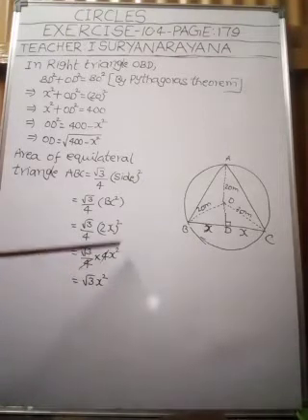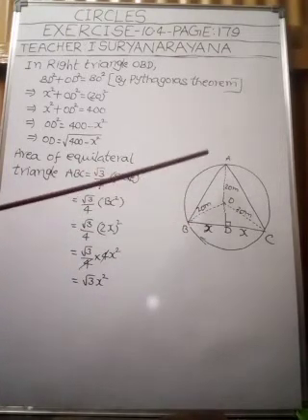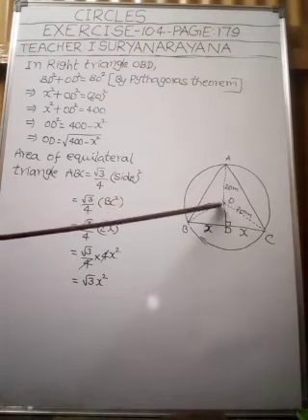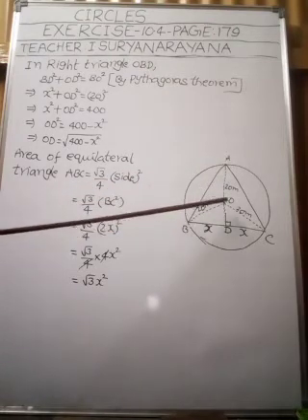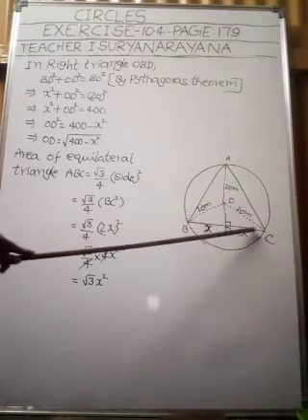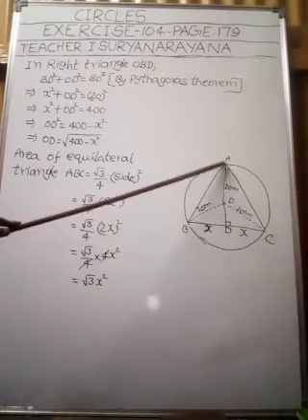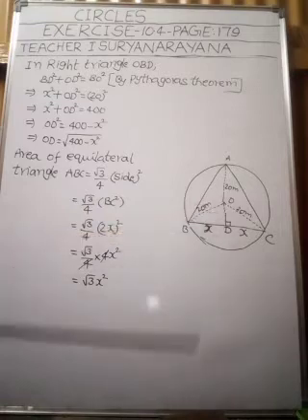Okay, my children. But the area of triangle ABC can be found by adding area of triangle OAB plus area of triangle OBC plus area of triangle OCA. Yes or no, my children?